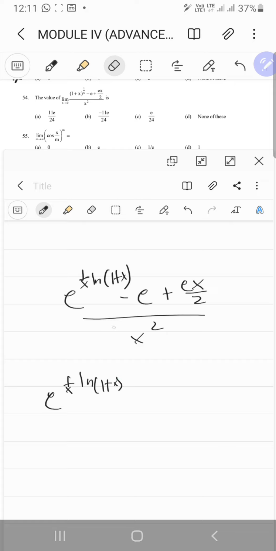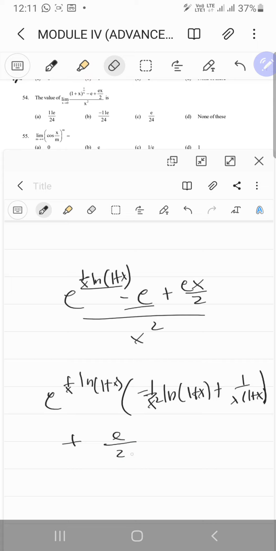Okay. Derivative of this thing. Right, so it should be e to 1 upon x squared natural log of 1 plus x. Plus... Okay, whole 0 plus e by 2 upon 2x.